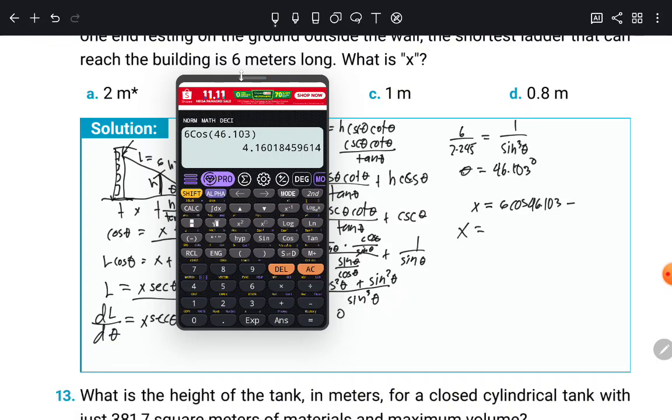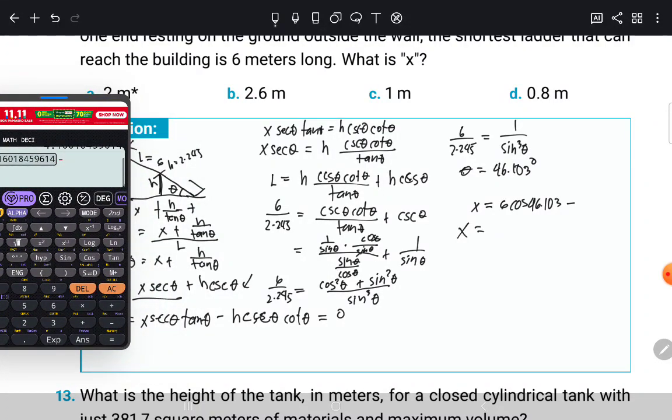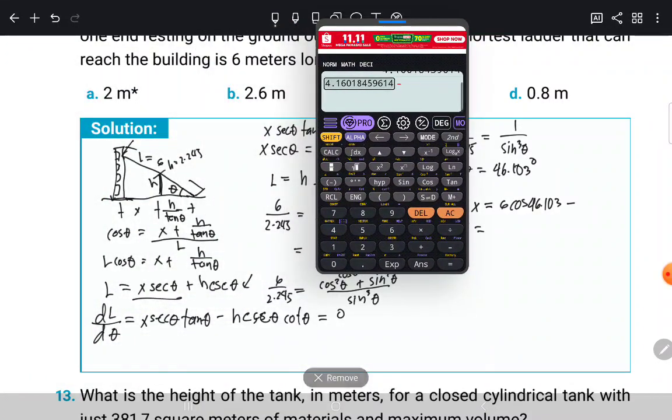Then minus h over tangent theta. Our h is 2.245.